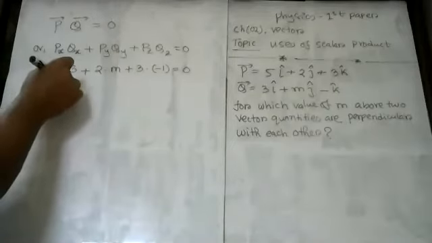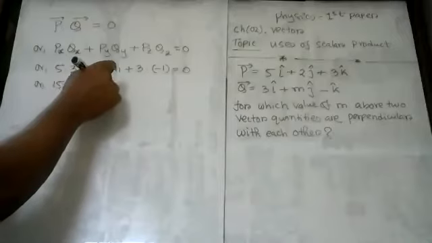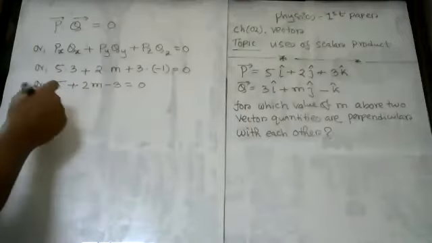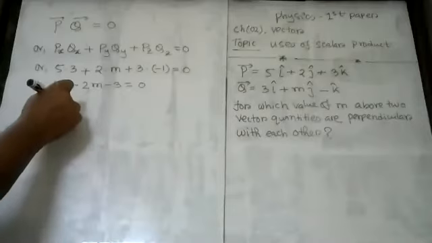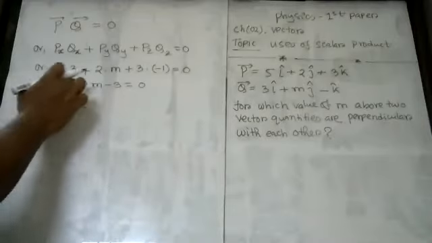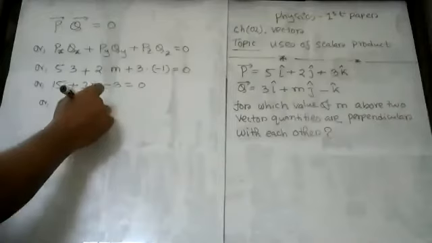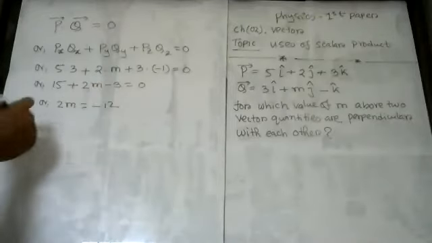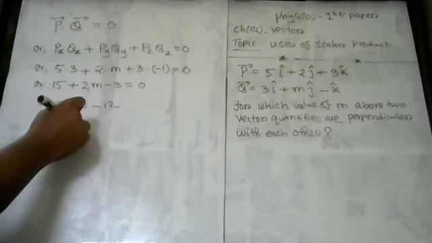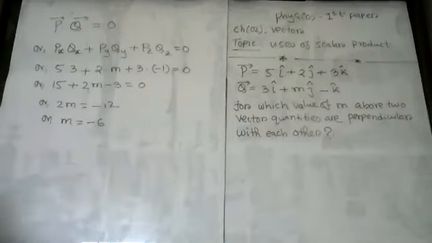So it is 15 plus 2m minus 3 will equal to 0. So 2m will equal to 15 minus 3 equal to 12, and this side it is minus 12. So what is the value of m, my dear student? m will equal to minus 6. So if m equal to minus 6, only for this case you can say that vector P and vector Q are perpendicular vectors. I repeat, my dear student, vector P and vector Q are perpendicular vectors.